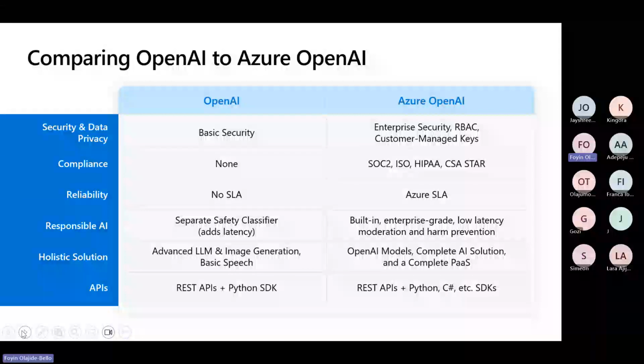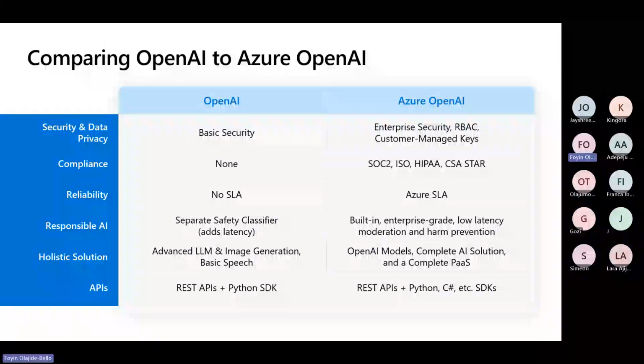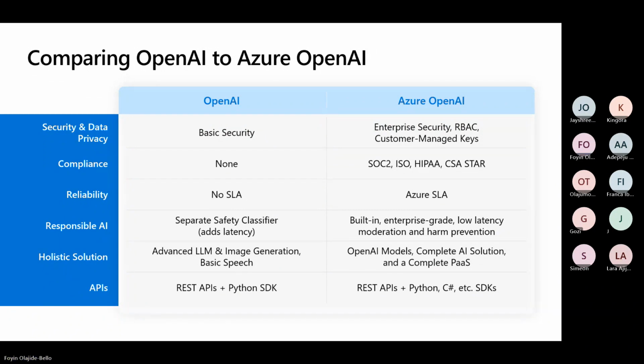You can see that there are a lot of additional security layers in Azure's OpenAI service. Their compliance is more. They meet a lot of additional compliance standards. They have their own Azure SLA. And then responsible AI, there are a lot of built-in, enterprise-level considerations in the Azure OpenAI.